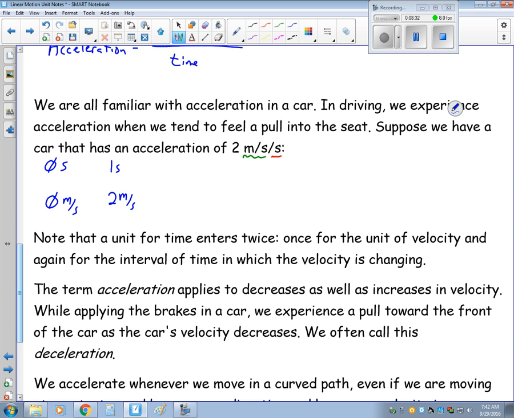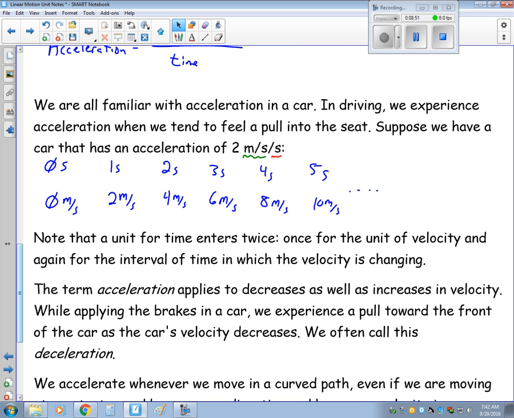After 1 second, it has now increased its velocity by 2 meters per second. We can continue to follow that trend. So we see that acceleration is something that changes an object's velocity.